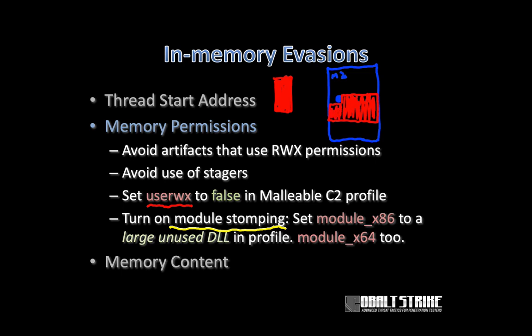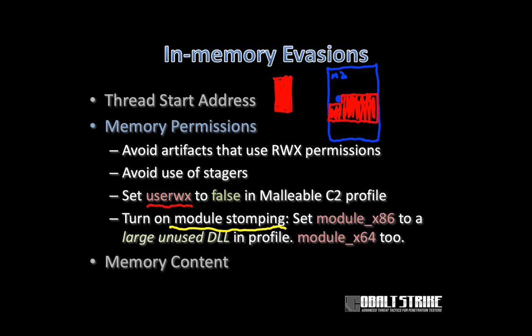And in this way, we end up living in a context where our permissions, our initial permissions anyways, are consistent with that of a memory mapped DLL. We also have the benefit of living in executable memory that is now associated with a memory mapped file or a module on disk.